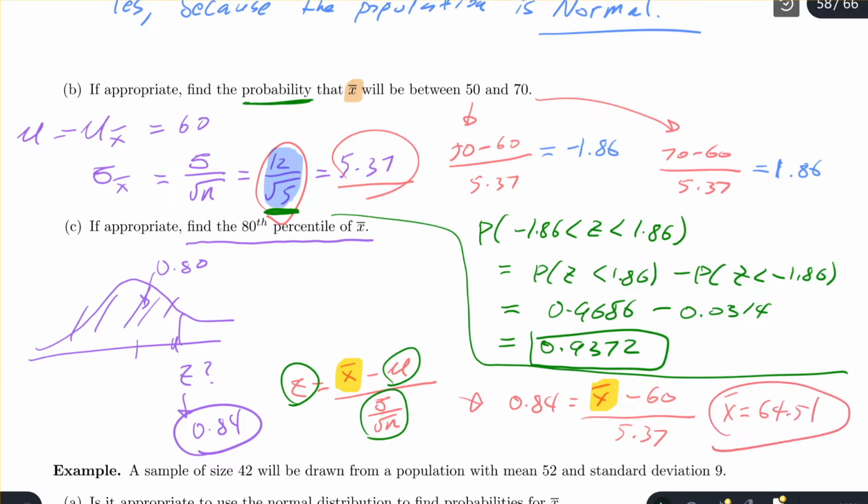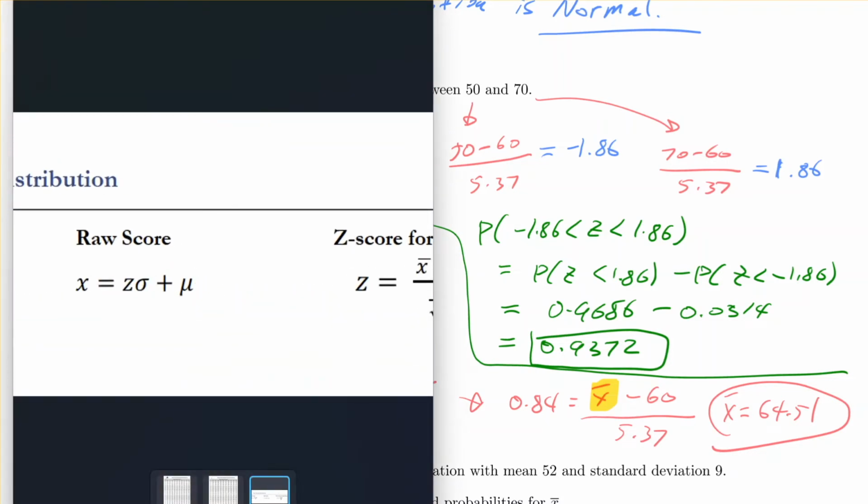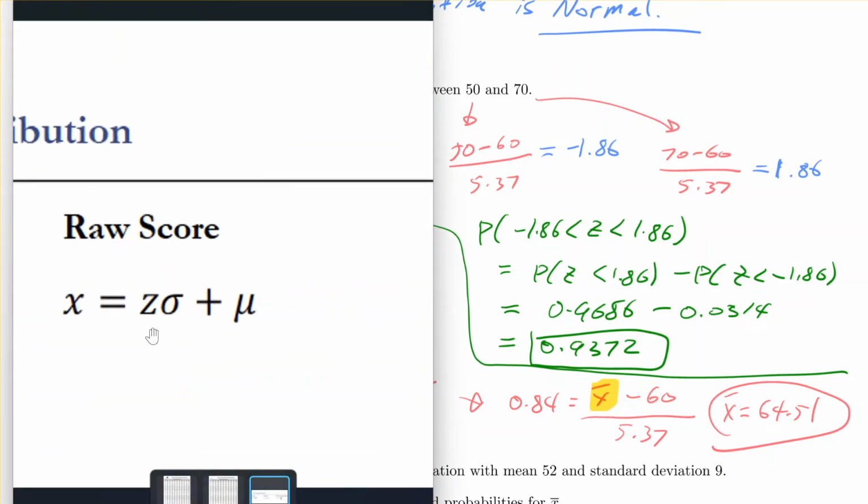This is the value they'll give us, where the area to the left is 0.80. Let me remind you, we could use this formula, but the thing that will change is the standard deviation value. We have to adjust the standard deviation for these problems.